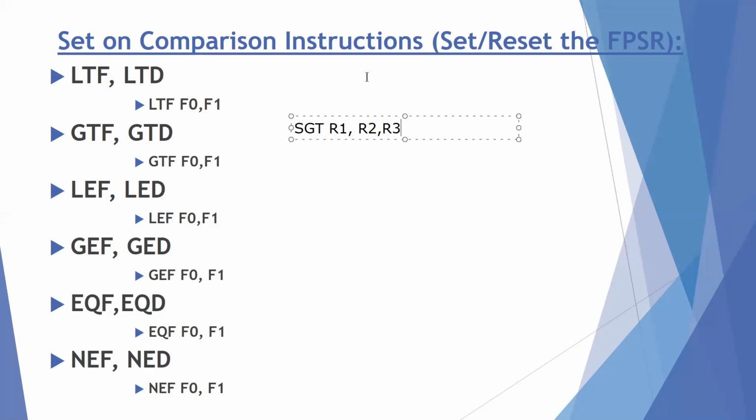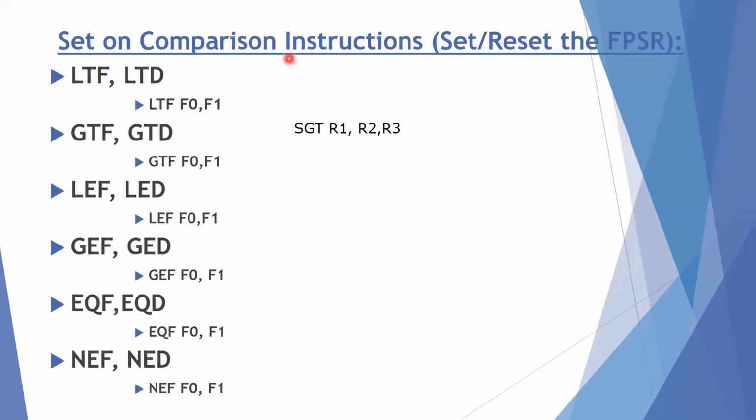For GPRs, this set on comparison instructions used to compare the two source registers and set or reset the destination register either to 1 or to 0. If the condition was true, this was set, else it was reset to 0. ठीक है, बहुत फास्ट तो नहीं हो रहा, ठीक है ना? Yes, ma'am. Okay, good.